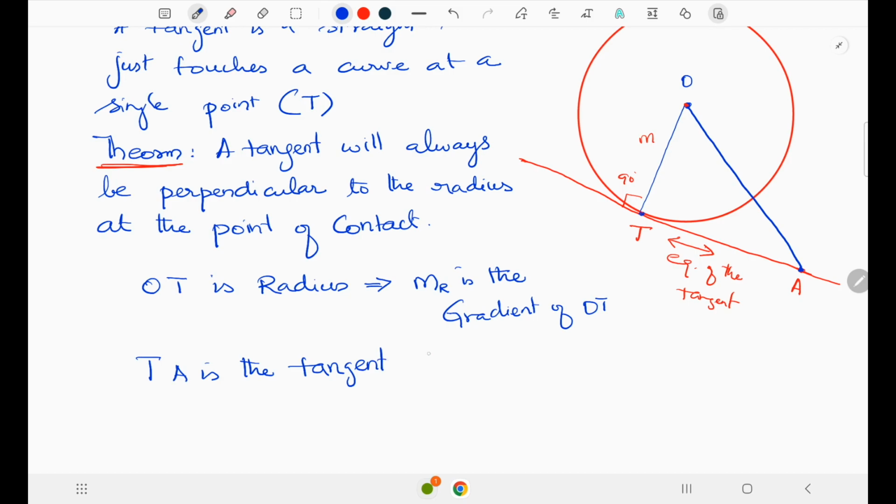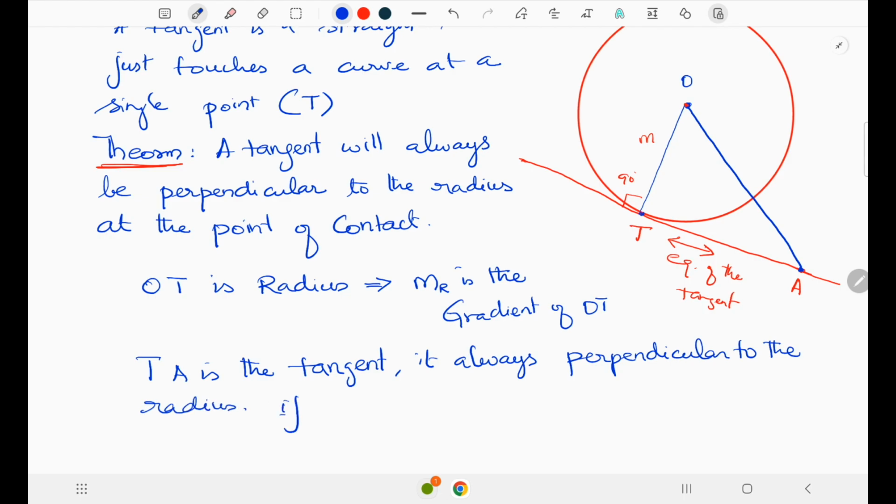and as per the theorem, it is always perpendicular to the radius.